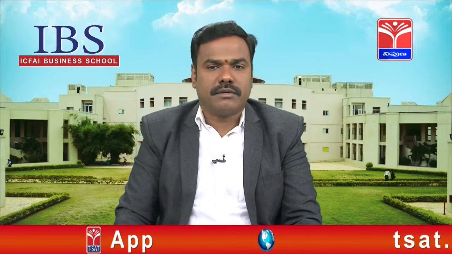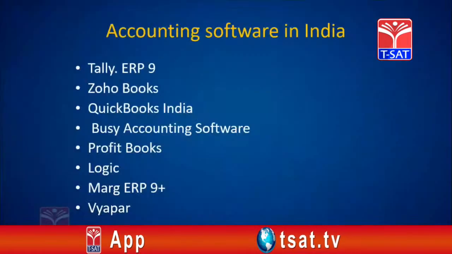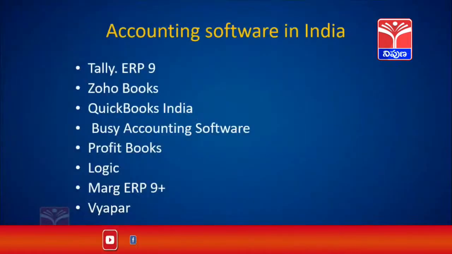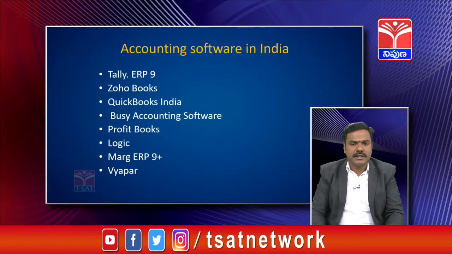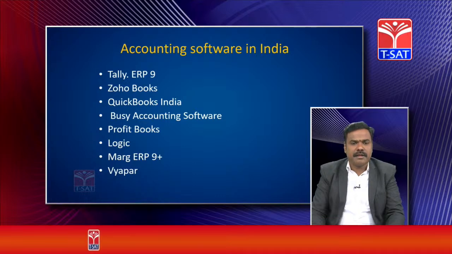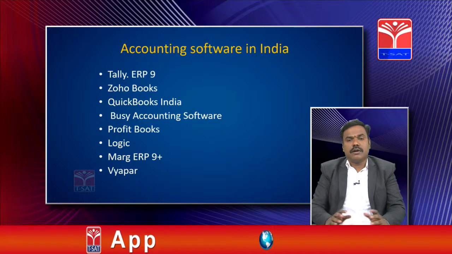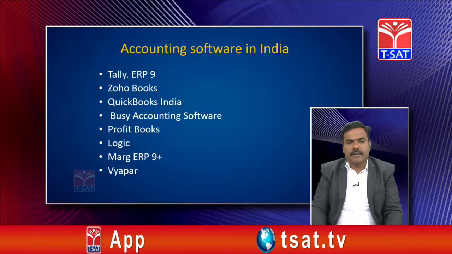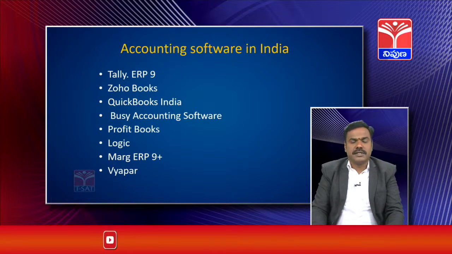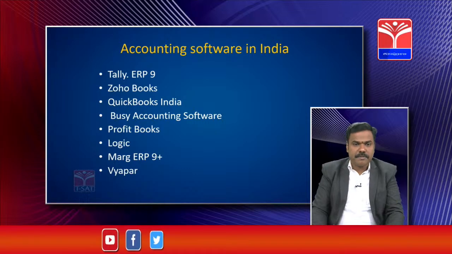Now, let us see various types of accounting software which are commonly used in the Indian context. Tally ERP 9, Zoho Books, QuickBooks, Easy Business, Profit Books, Logic, Marg ERP, Vyapar. These are all different types of accounting software which are commonly used by businesses in India.